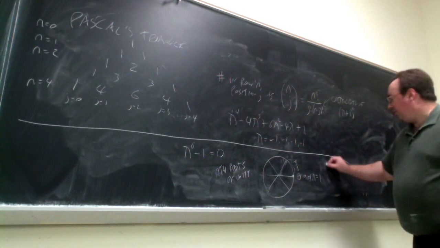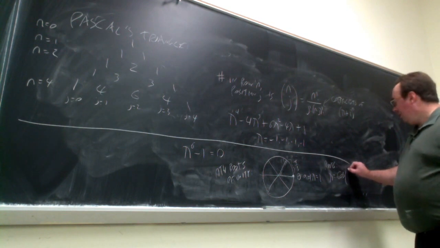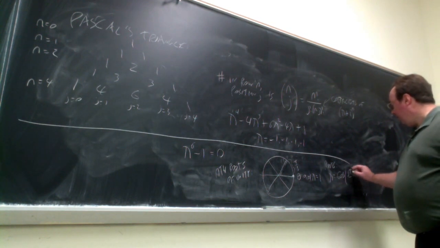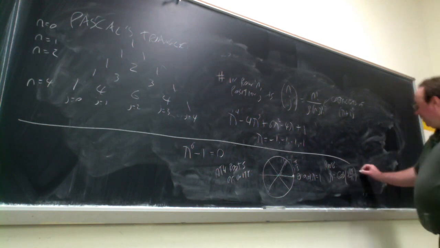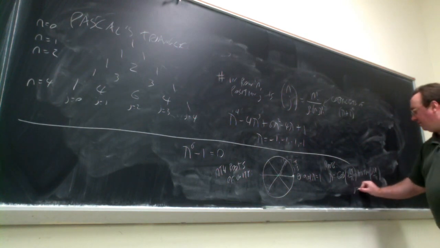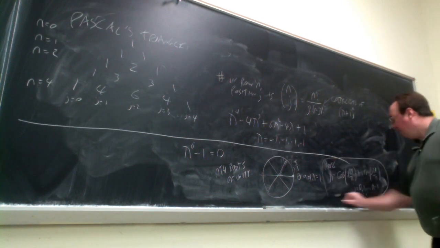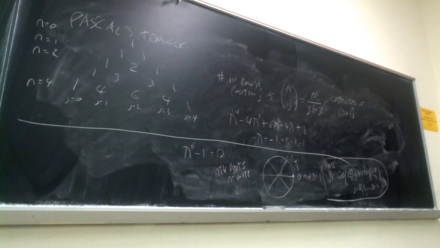So your roots are lambda equal to cosine of j times 2 pi over n plus i sine j times 2 pi over n for j equals 0, 1, up to n minus 1. This formula comes from complex analysis, of all the roots of 1.